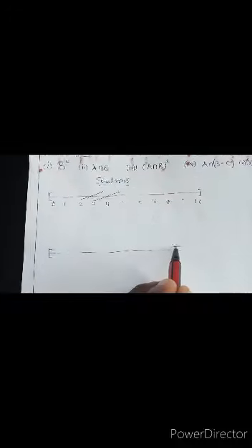Let me draw it somewhere here where I'll have space, because I have to write something on top. Like this. Then we have 0, 1, 2, 3, 4, 5, 6, 7, 8, 9, and 10 here.